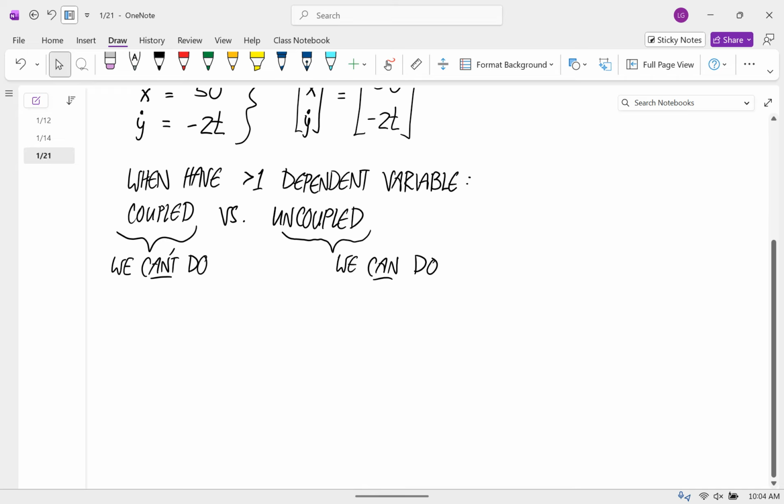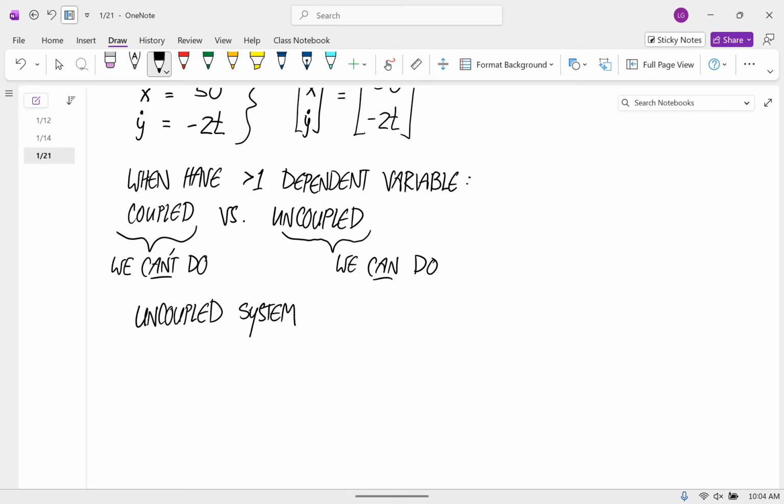Yes, great question. An uncoupled system of ordinary differential equations is when the dependent variables stay in their own equations. And I'll give you an example.